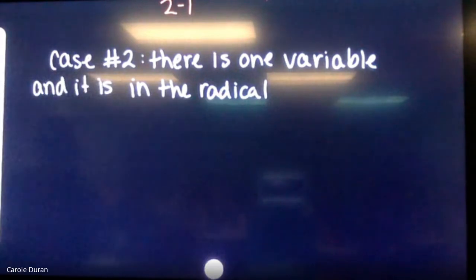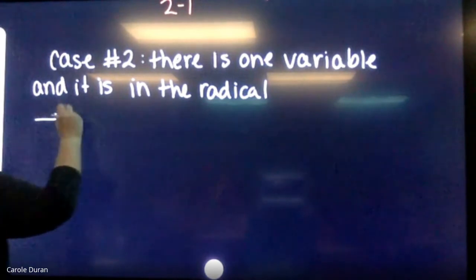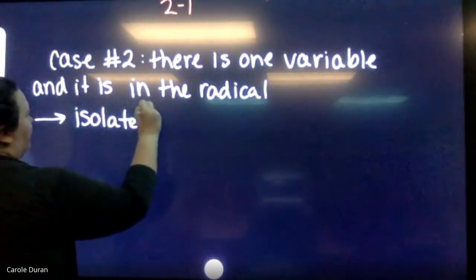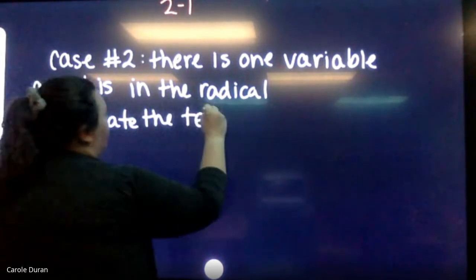Case number 2 says there's one variable and it is inside of my radical, which means the steps to solve it might be a little bit different. First step is to isolate the term with the radical.